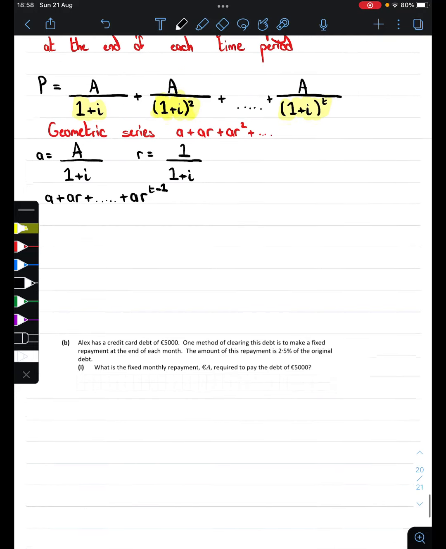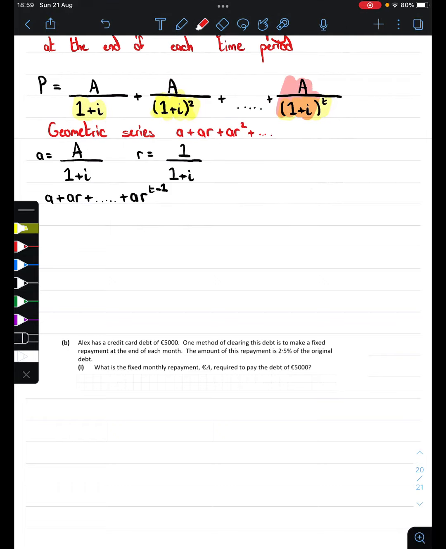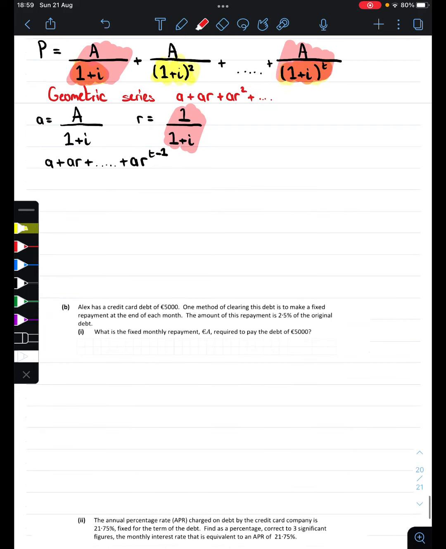Not to the t, because this last term, a over 1 plus I to the t, only has t minus 1 more copies of 1 over 1 plus I than the first term, because the first term already has 1 on the bottom, and this has t, so it has t minus 1 more copies of 1 over 1 plus I.